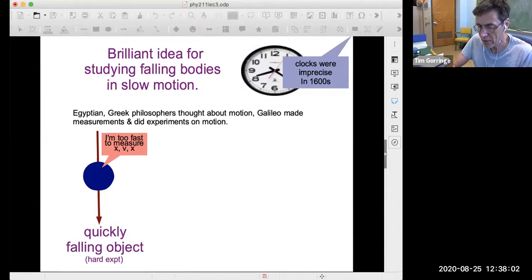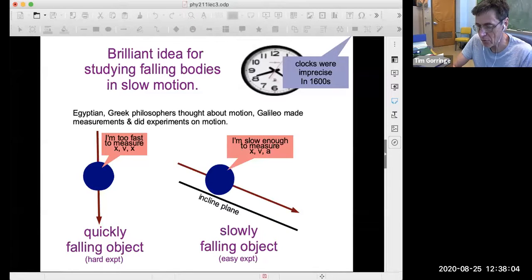What his idea was, and this is a really clever idea, kind of cute idea, is to slow down the pull of gravity on the falling object. Reduce the pull of gravity on the falling object. So instead of falling quickly, it fell slowly, and therefore he could make accurate measurements of the motion of the falling body.